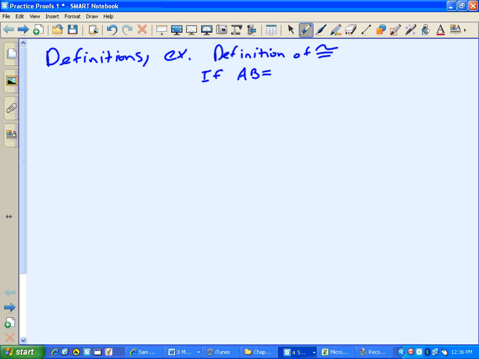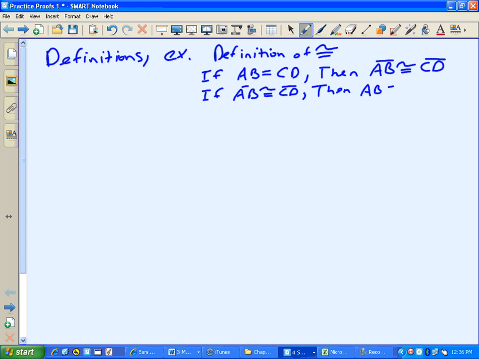The definition of congruence says that if AB equals, let's use CD, AB equals CD, then segment AB is congruent to segment CD. It also goes the other way. If AB is congruent to CD, then the length of AB is equal to the length of CD.